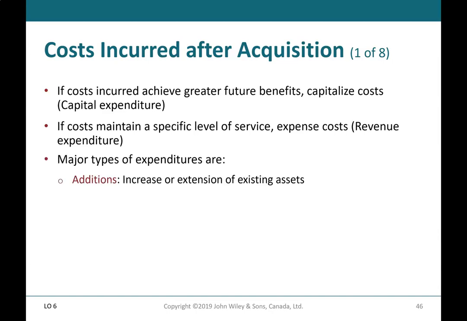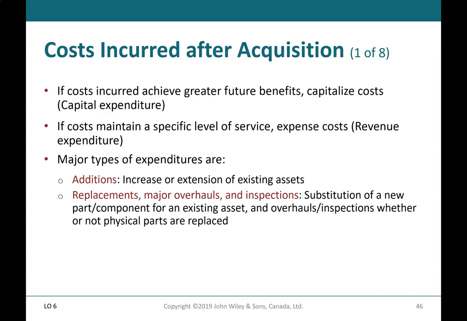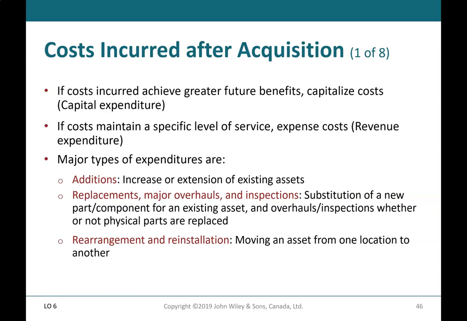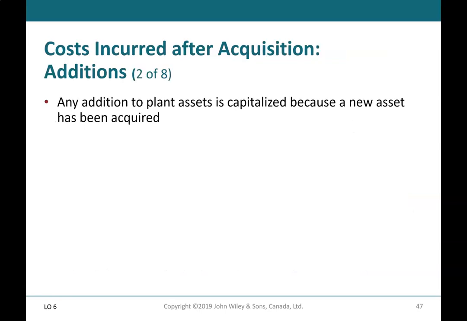Major types of expenditures are additions, increase or extension of existing assets; replacements, major overhauls and inspections, substitution of a new part or component for an existing asset, and overhauls and inspections whether or not physical parts are replaced; rearrangement and reinstallation, moving an asset from one location to another; and repairs, costs that maintain assets in good operating condition.